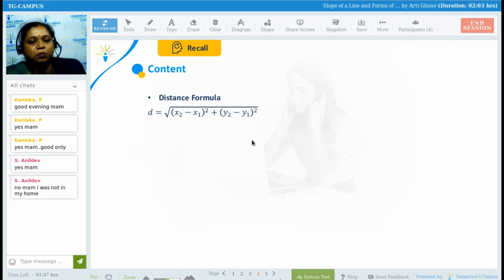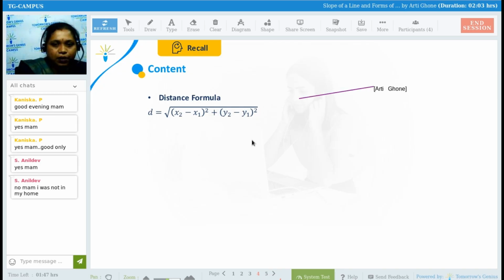Okay, now let's recall these formulas one by one. You know about the distance formula? Yes, no? If I want to measure the distance between any two points connected by a line, the first point has coordinates x1, y1, and the second point has coordinates x2, y2.